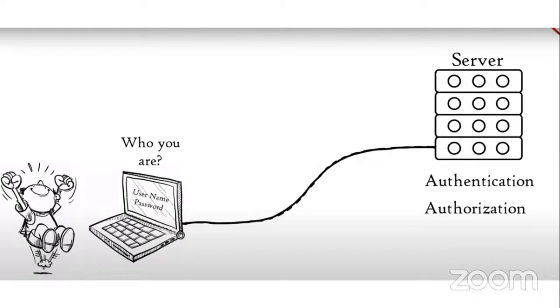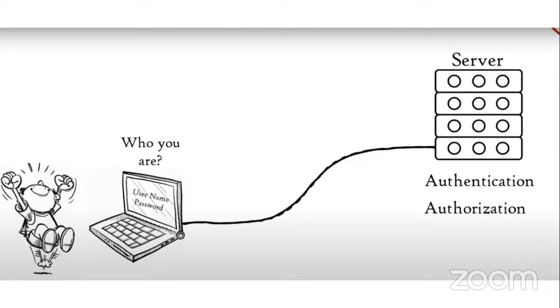Authentication is only to access that server, whether you are the right person or not. Authorization means whether you have authority on a particular file. It may be a text file, an audio file, or a video file, whether you download or watch. Take the YouTube example.